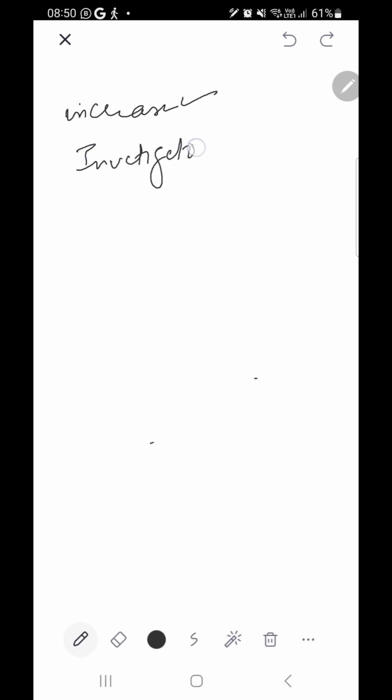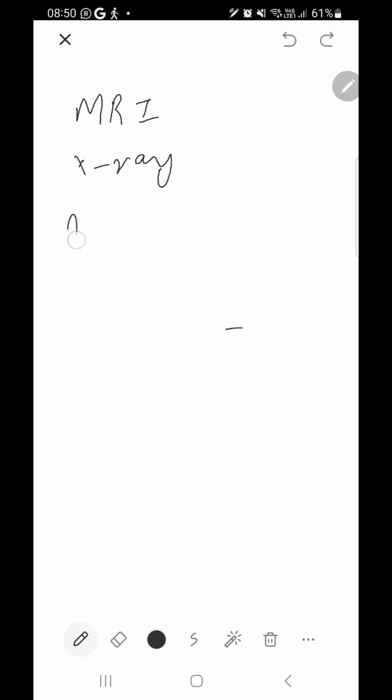Investigations, countable. Smoker, countable. And with a vowel sound, like MRI, X-ray, we use an with that, right? With a vowel sound, we have to use an.